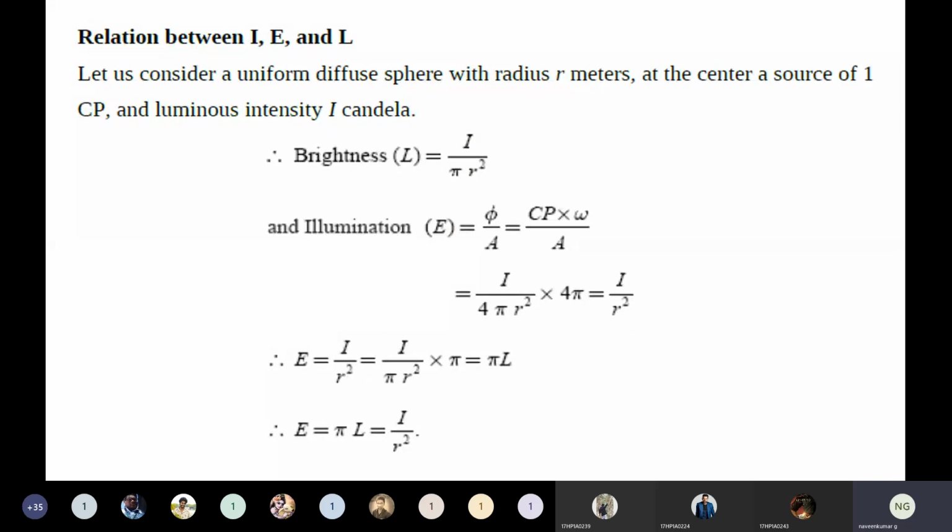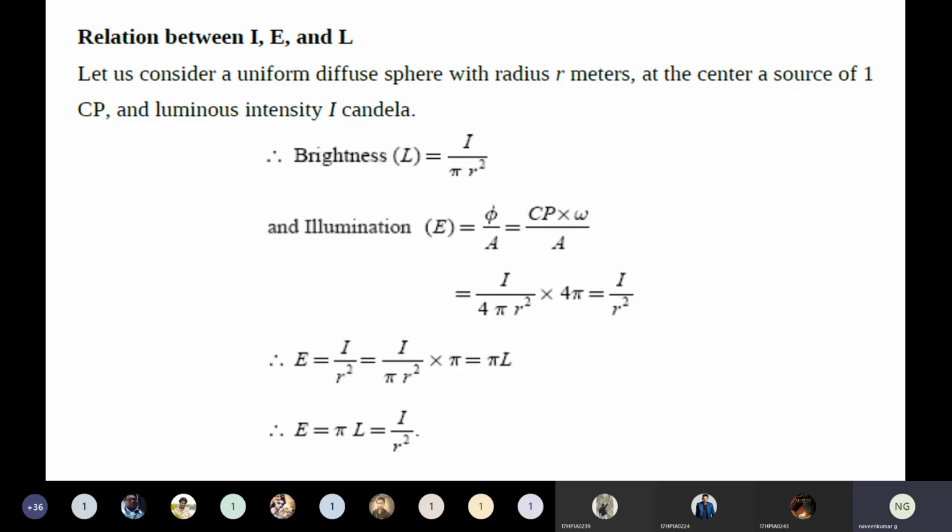So let us consider a uniform diffuse sphere with radius r meters, at the center of a source of 1 candle power and a luminous intensity of I candela. Consider a globular structure, a sphere. The radius of this sphere is r meters.